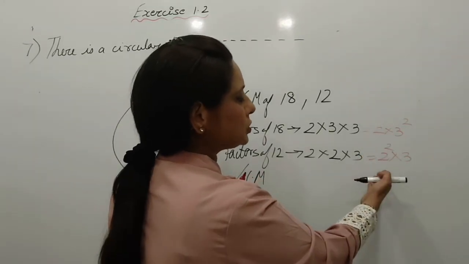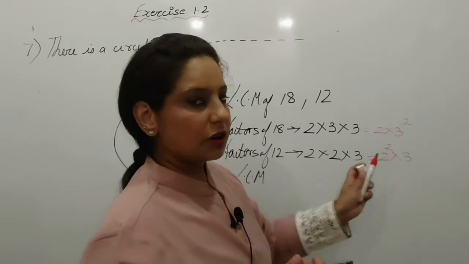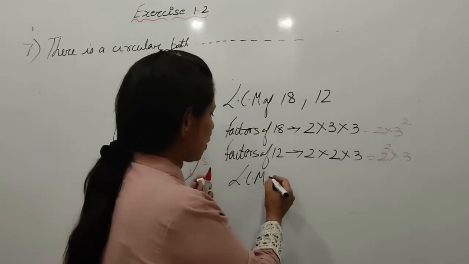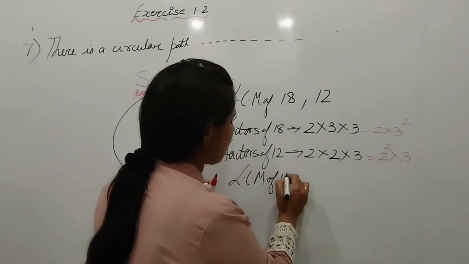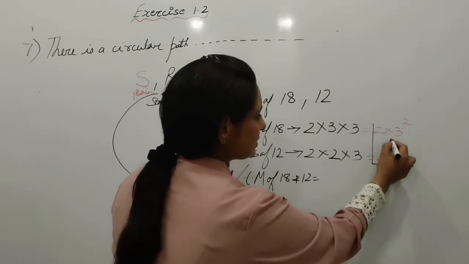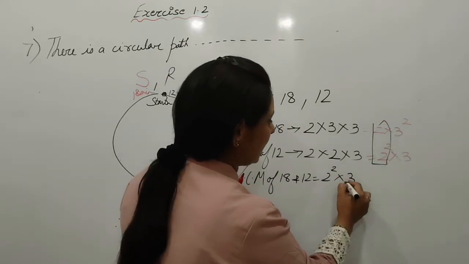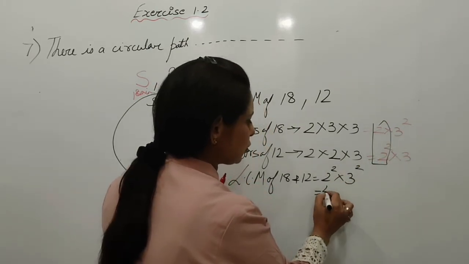So 2 और 2 square में से 2 square है, और 3 और 3 square में से 3 square है. So LCM of 18 and 12 will be 2 square and 3 square. So 2 square is 4, 3 square is 9.